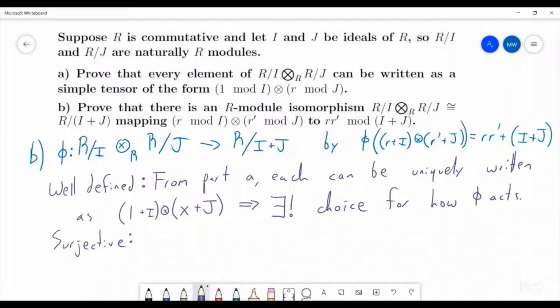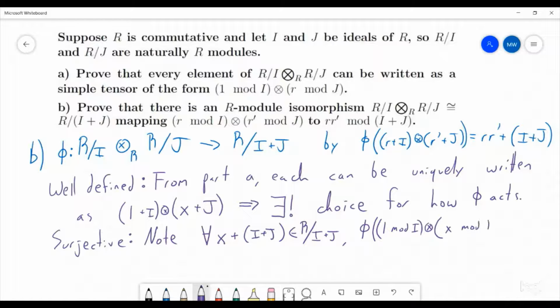So to show it's surjective, we're going to first note that for all x plus I plus j in our mod I plus j, we can look at phi of 1 mod I tensored with x mod j is equal to x plus ij.